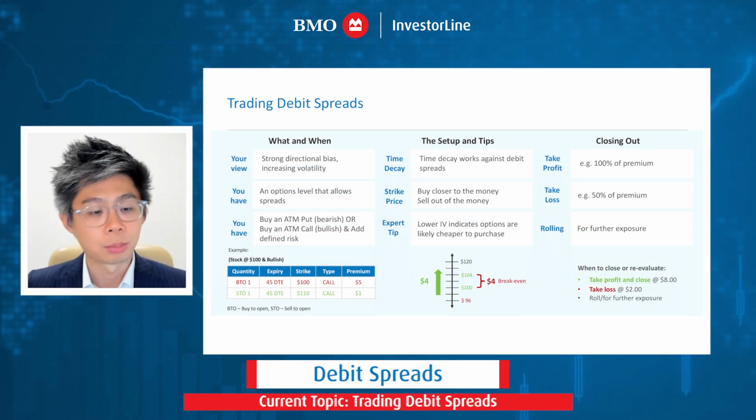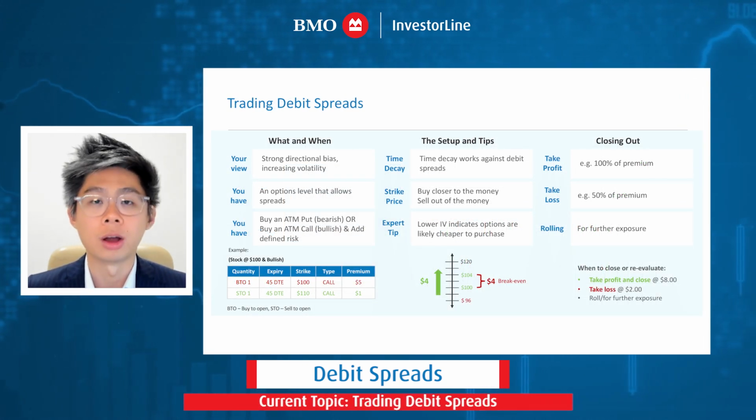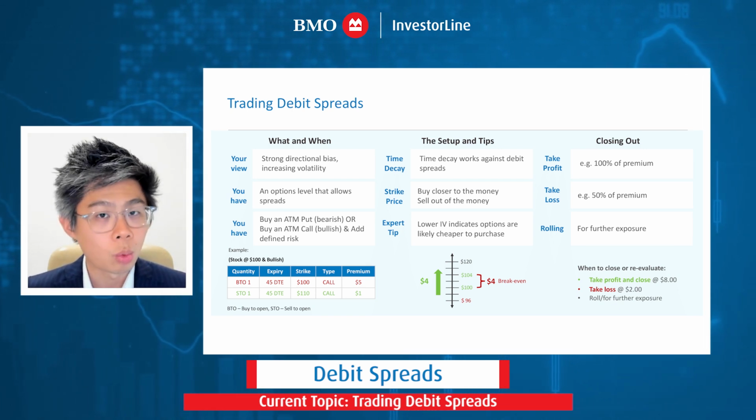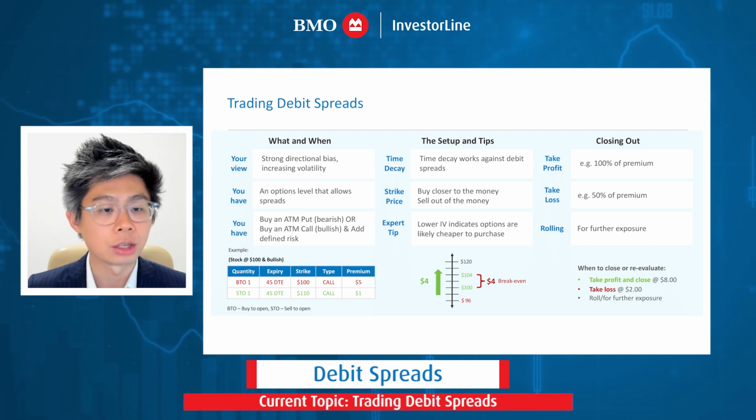With that, what that brings us to is just a quick review of trading debit spreads. So let's talk about what and when you want to trade a debit spread and what strategy you want to trade.